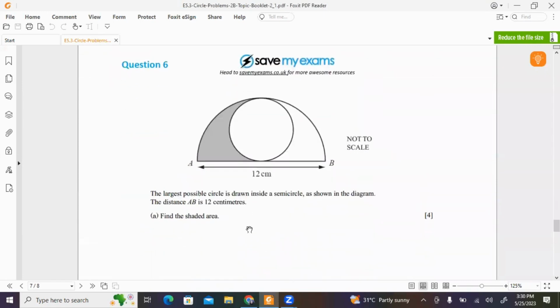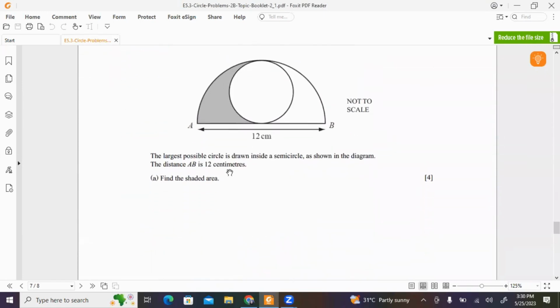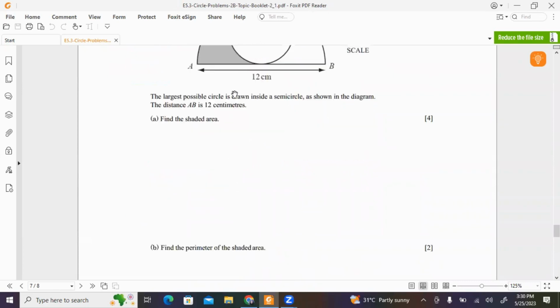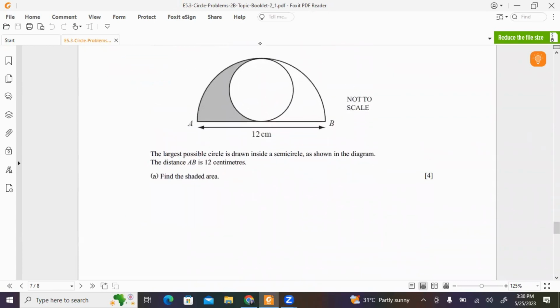Then in the next question, we have to find the shaded area and the perimeter of the shaded area. So similar to one of the previous questions. The largest possible circle is drawn inside a semicircle as shown in the figure. The distance AB is 12 centimeters. That means this would be 6. Find the shaded area.